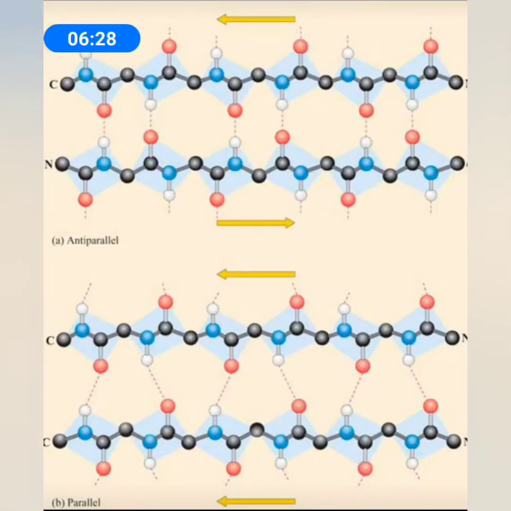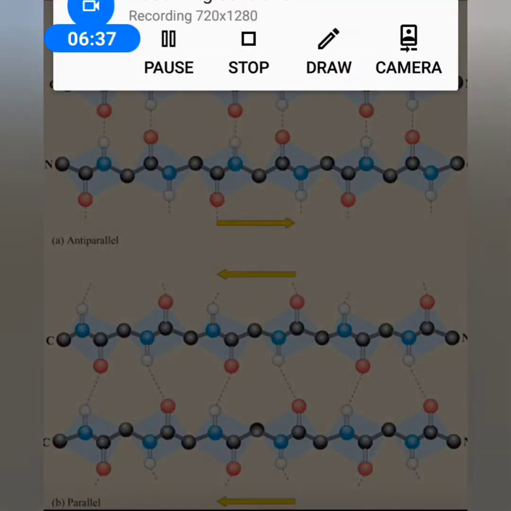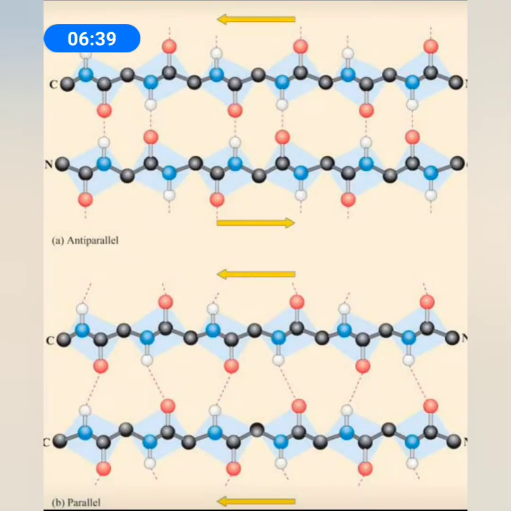And this is another diagram. Here you can see figure A, this one on top. It shows sheets which are anti-parallel, because you can see one strand is from C terminal to N terminal, whereas the other strand starts from the N terminal and ends at the C terminal.